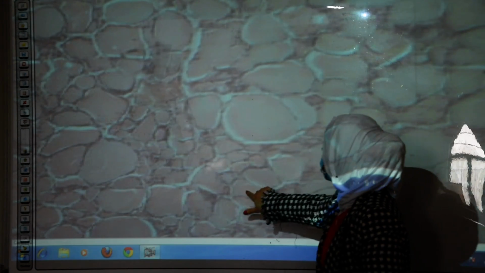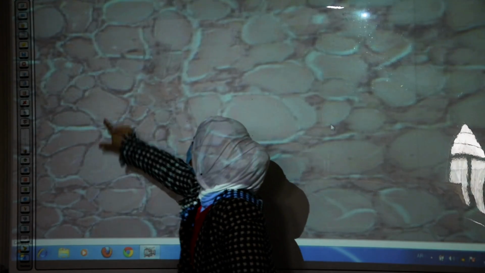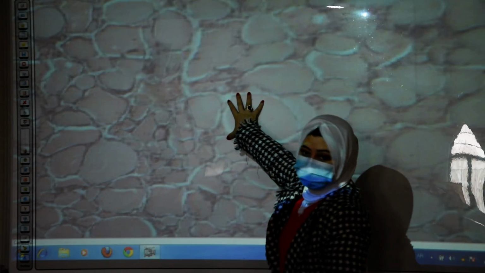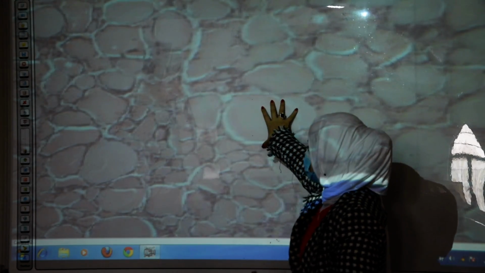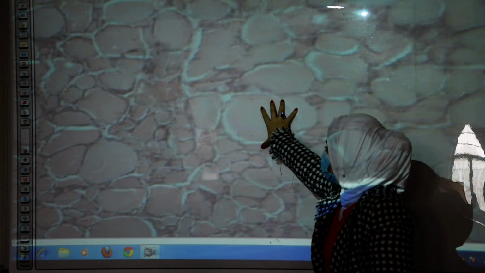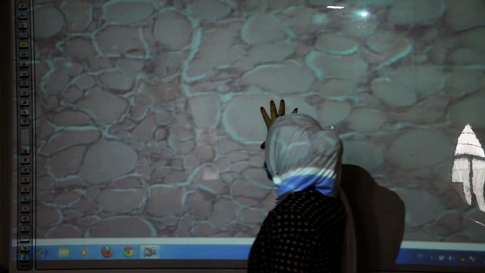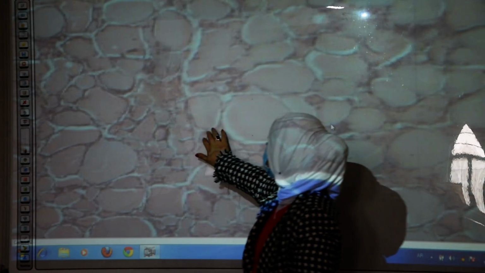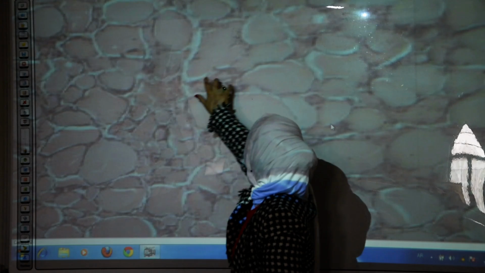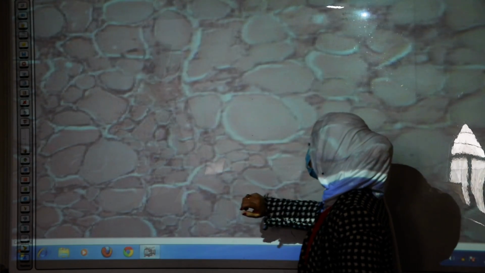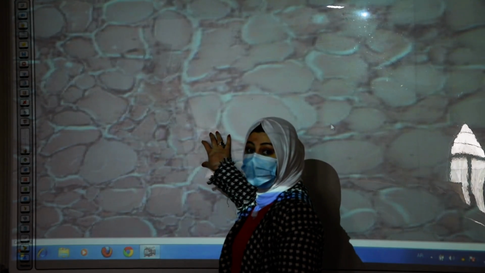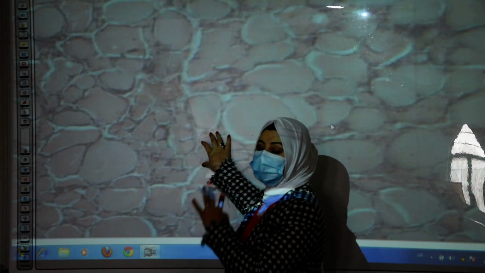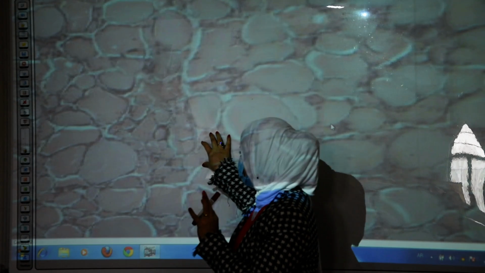Each one of these is a colloid, lined by follicular cells, a simple cuboidal epithelium. At the periphery, between the colloid and follicular cells, we can find parafollicular cells.